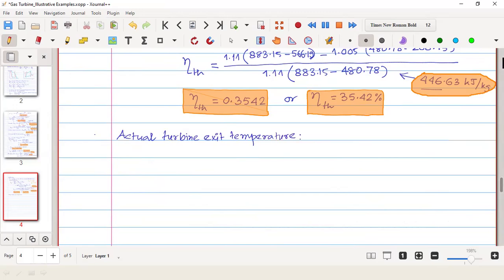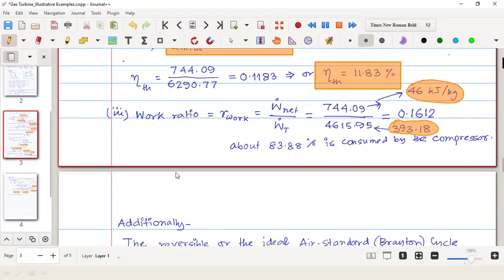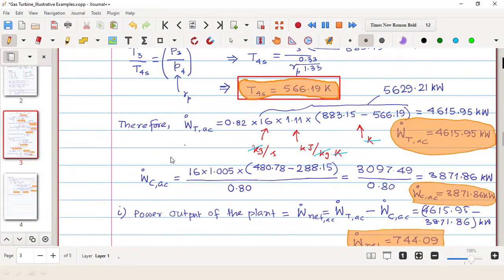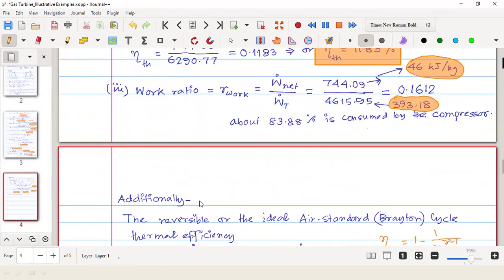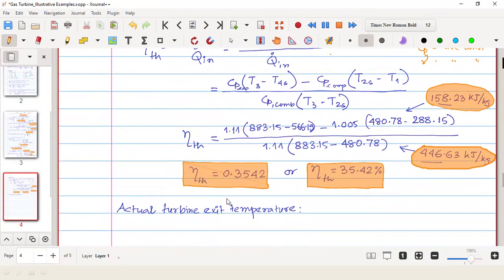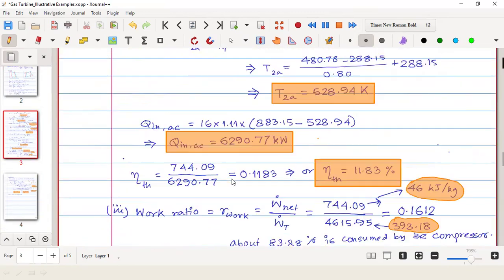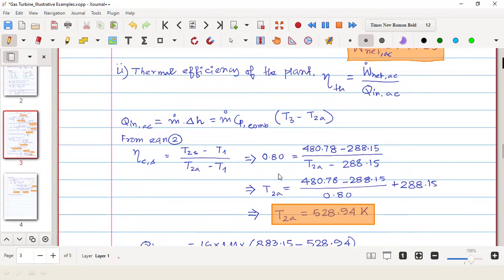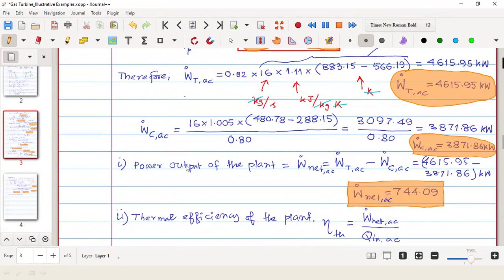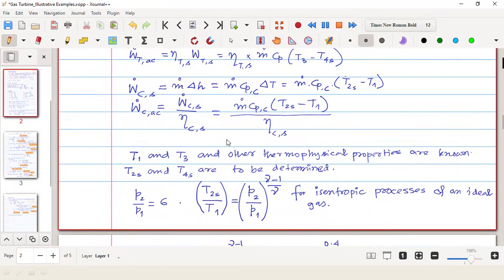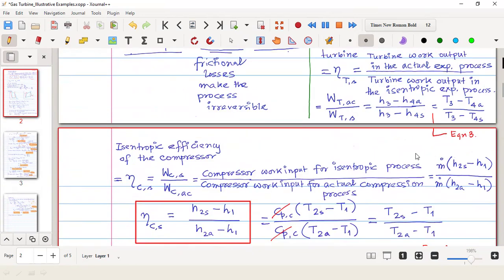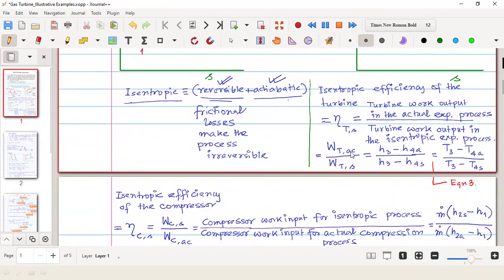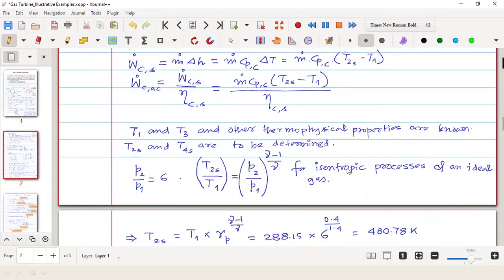In the same way that we have calculated the actual compressor exit temperature. So here you see that we have calculated the compressor exit temperature. Using the isentropic efficiency, we will also determine the turbine exit temperature using the turbine isentropic efficiency, this equation, equation 3. So we will use that.